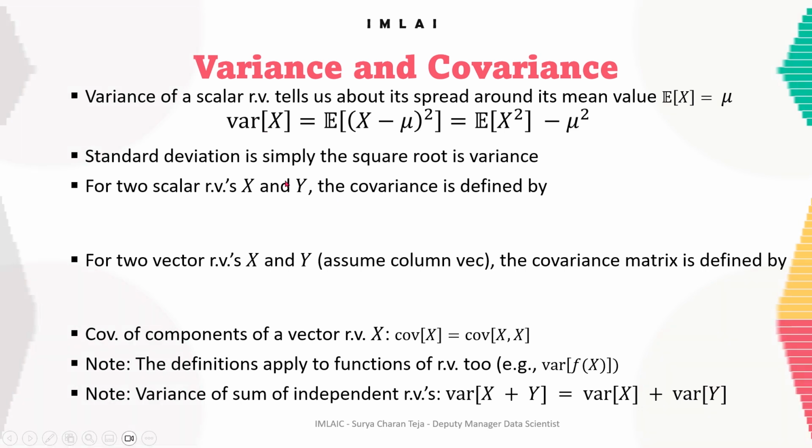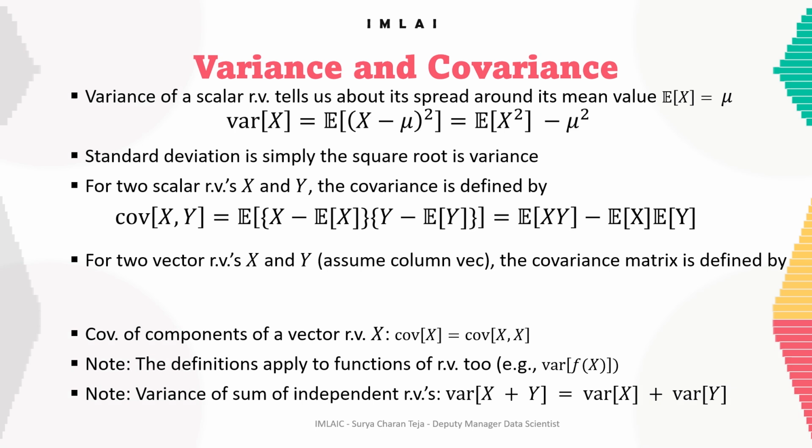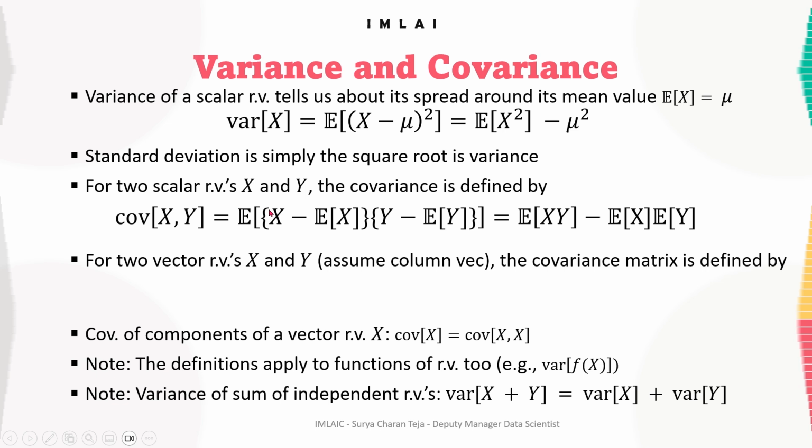Now covariance for two scalar random variables, capital X and capital Y, is defined by how the two random variables vary together. This is the formula: covariance of x comma y is equal to the expectation of x minus E of x, multiplied by y minus E of y.